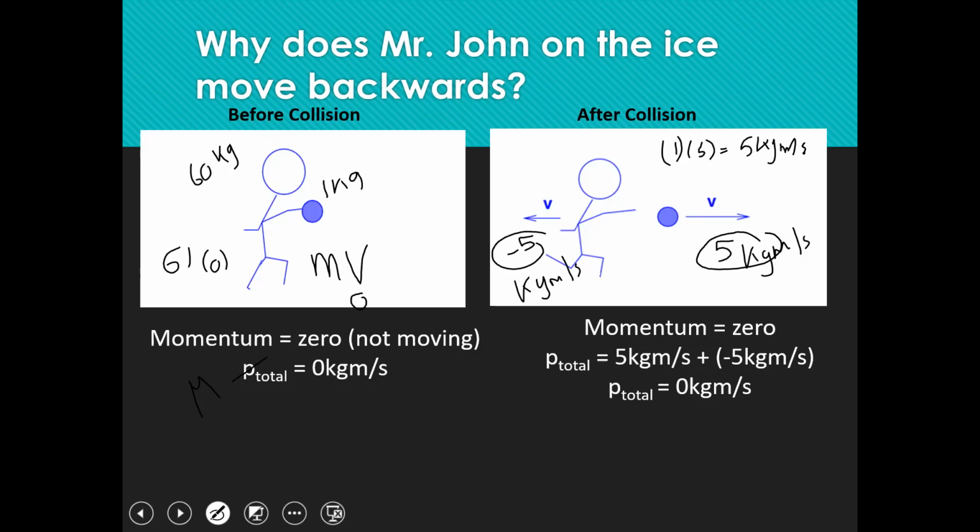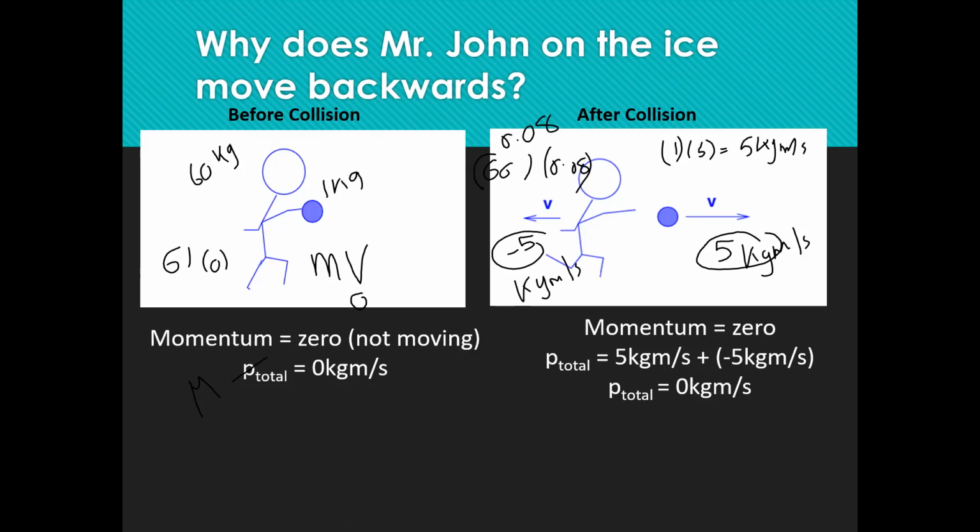But look at Mr. John. His velocity is, let's say, 0.08, as an example, or any number. His velocity, which is 0.08, times his mass, which is 60.